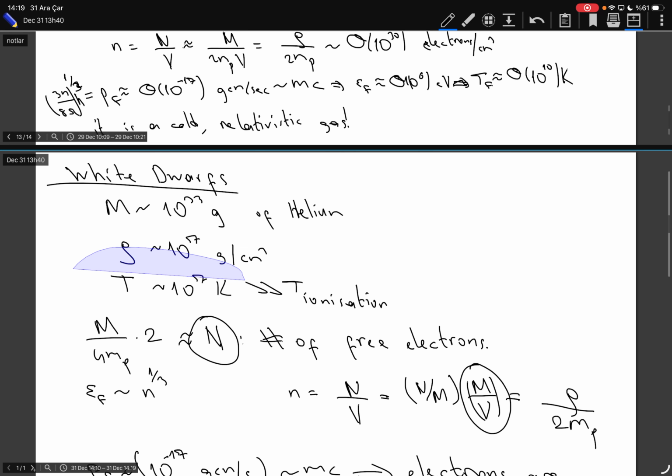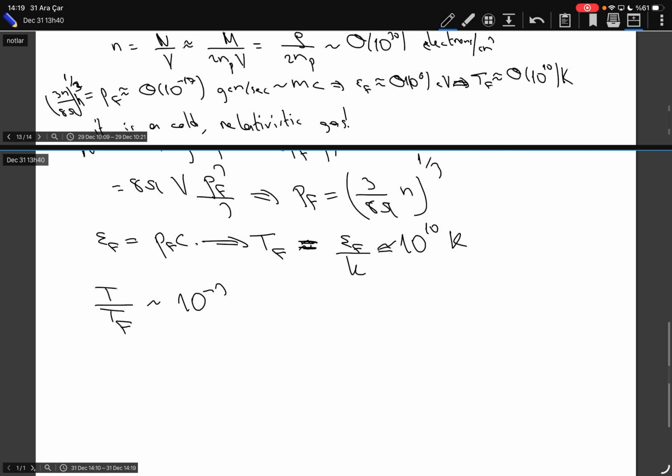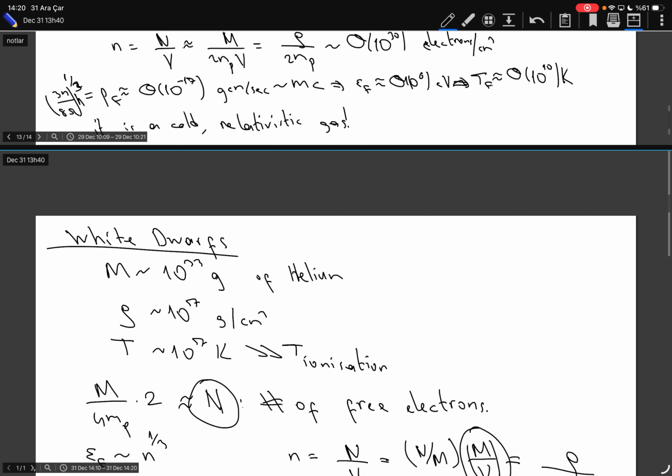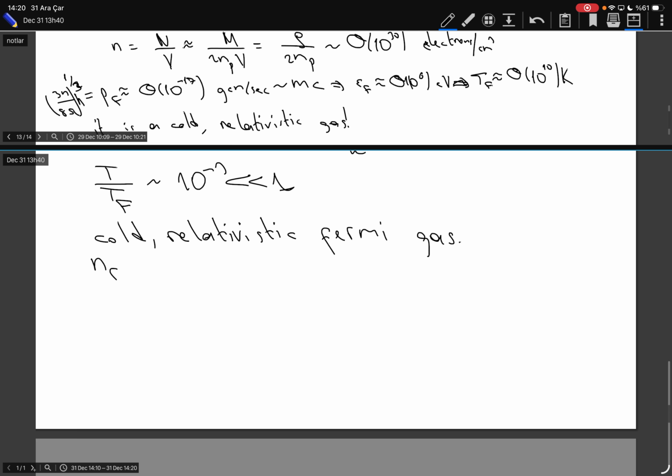The temperature of the white dwarf is 10 to the power 7 Kelvin. So T over T Fermi is 10 to the power minus 3, which is much, much less than 1. This is a cold, relativistic Fermi gas. Although its temperature is 10 million Kelvin, it's a cold system, which means the Fermi-Dirac distribution is almost a step function.